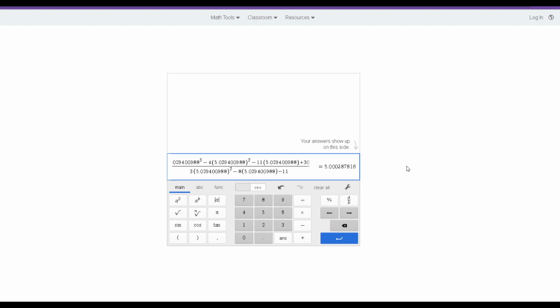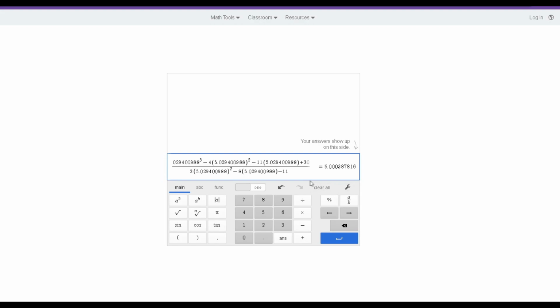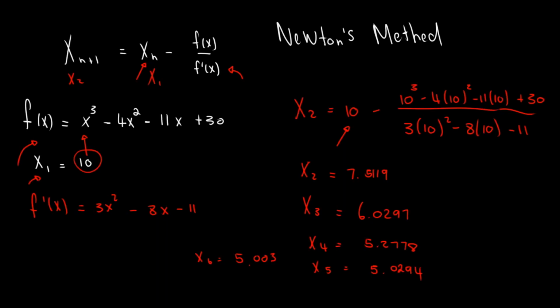Okay, 5.003. So let's continue over here. It's going to be 5.003. Seems like I'm closing in. I'm closing in on what I want. Okay, 5.003.